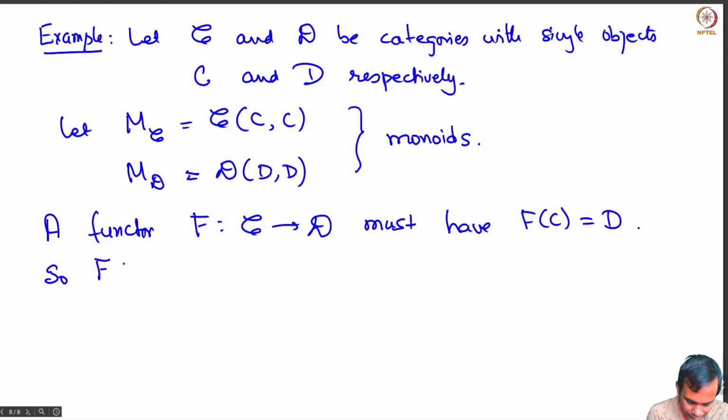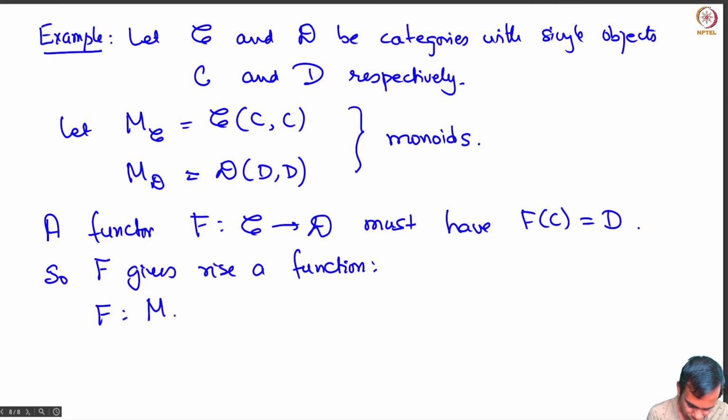So F gives rise to a function, which I'll also denote F, from M_C to M_D, which is just m goes to F of m.